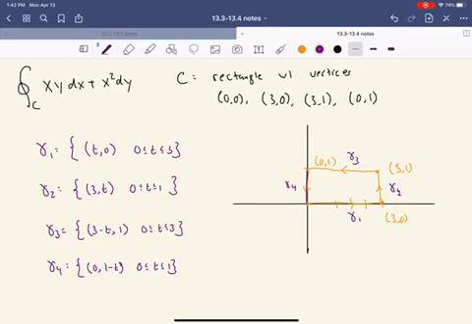What we're going to do is do it both ways in this problem, just because it's going to give us an understanding of what this theorem really is saying. But we don't really need to do it both ways.